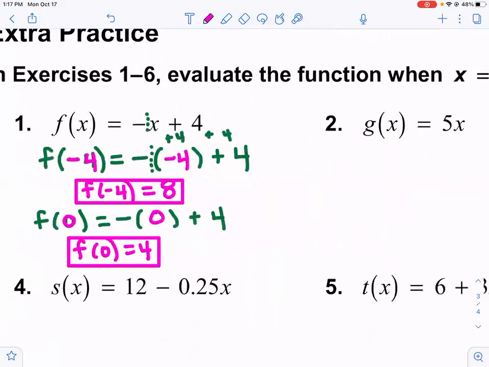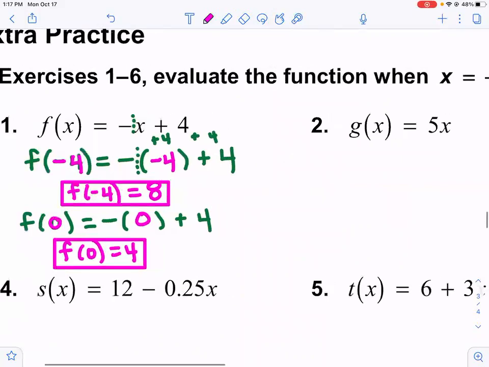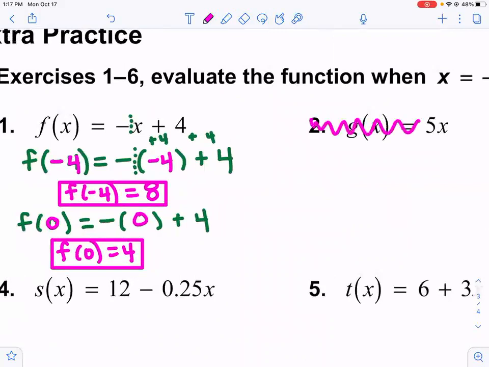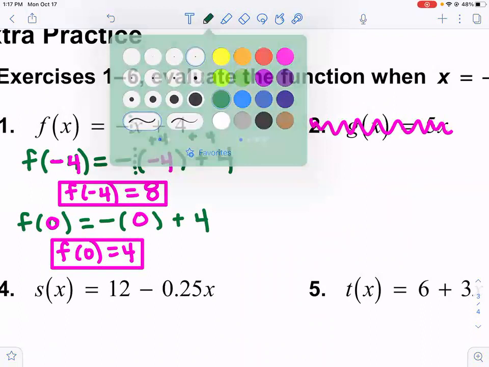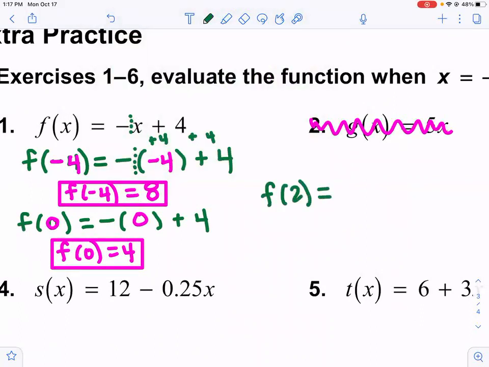All right, they also want us to find f of 2. So we're not going to worry about this guy right here. So f of 2. Anytime I'm evaluating a function, I'm going to take the equation and make the x a parentheses, negative x plus 4.